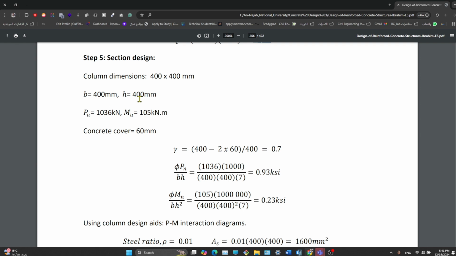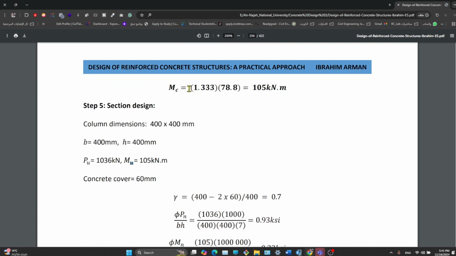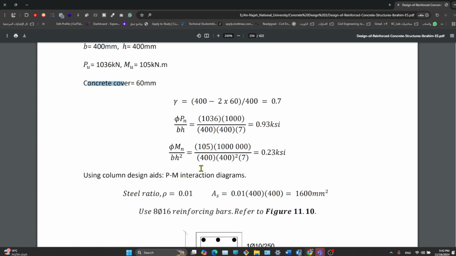Imagine a cross section. We have P ultimate computed and M ultimate, where M ultimate here is the magnified moment, the MC. Yes, because we need to consider the buckling. So the concrete cover here would also be 60 in the example. Now we need to compute a factor called gamma.